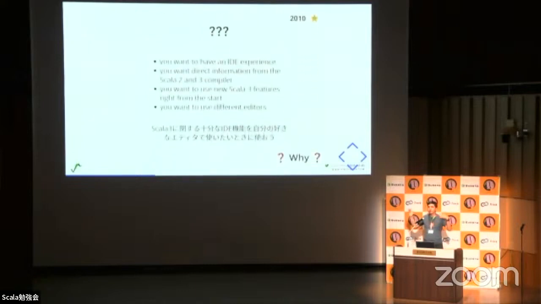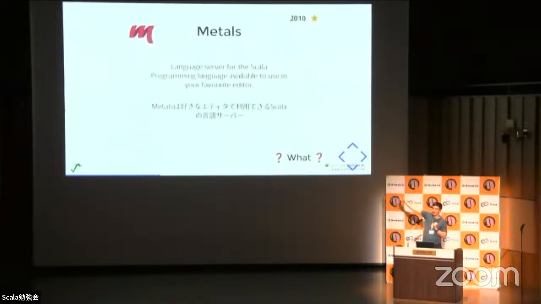So let's say you want a better IDE experience. You want to use any editor there is. You want to have direct information from the Scala 2 and Scala 3 compiler. You maybe want to use all the Scala 3 features right from the start. So for that, you would want to use Metals. It's one of the main projects I work on. It's a language server for the Scala programming language.